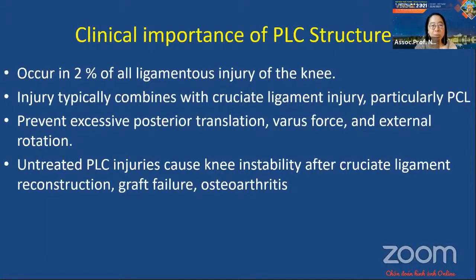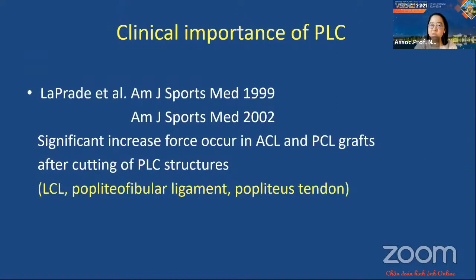It helps prevent excessive posterior translation, varus force, and external rotation. If you leave this structure untreated, your cruciate ligament repair will be useless, because finally you will have graft failure and eventually osteoarthritis.